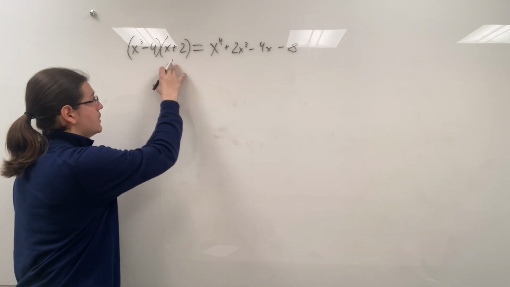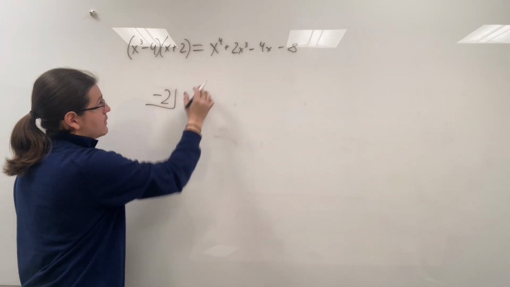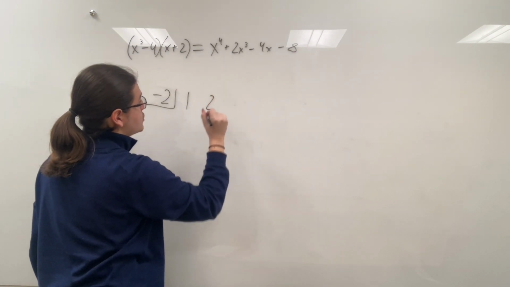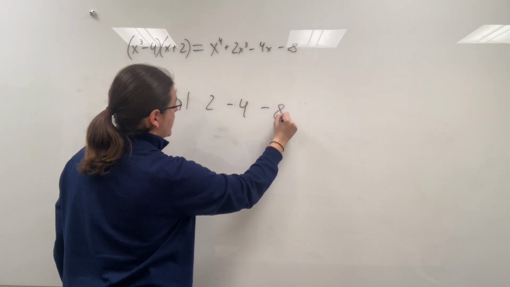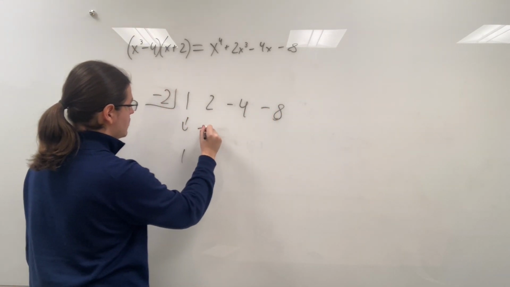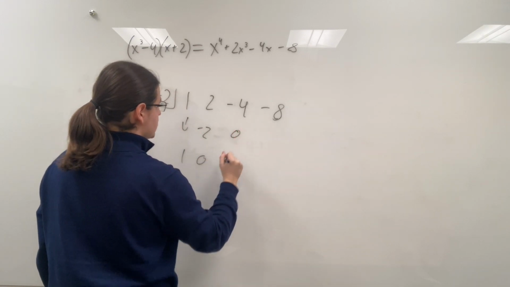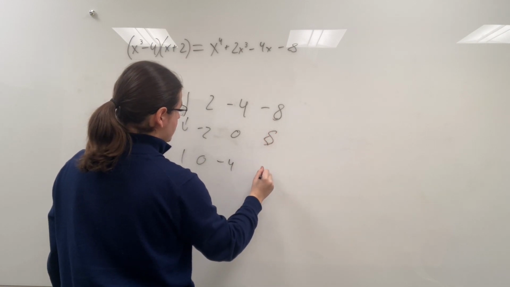Our 0 here is going to be minus 2 in the box. And now let's put down our coefficients: 1, 2, minus 4, minus 8. Bring it down. 1, minus 2, 0. 0 minus 4, that gives us 8.